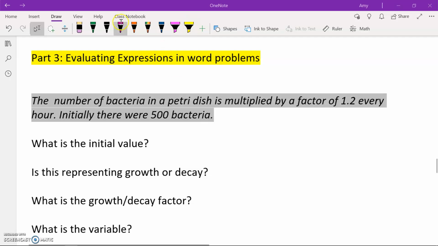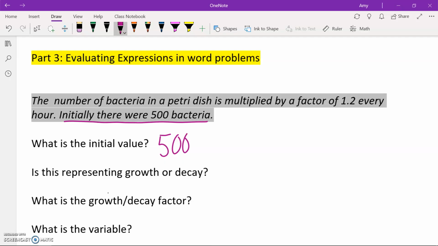In this problem, the initial value is going to be 500 because they tell me initially there were 500 bacteria. I'm using those keywords that tell me what we are starting by, and that's going to be my initial value wherever we start. Then I am asking, is this growth or is this decay?